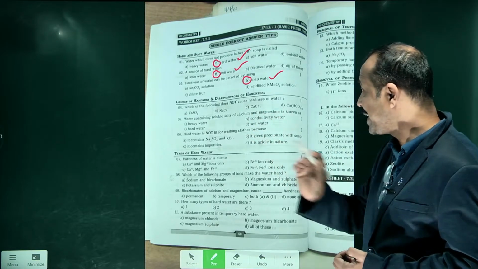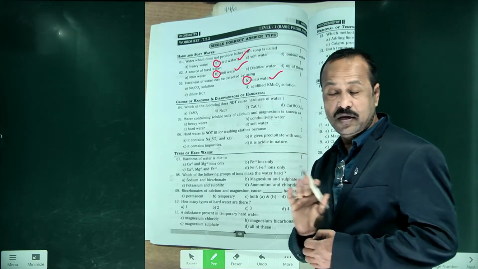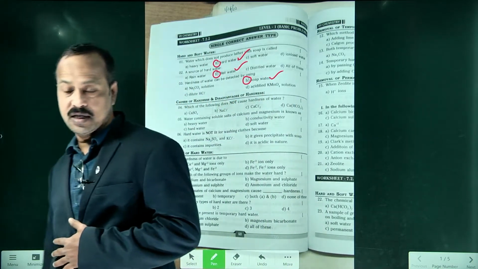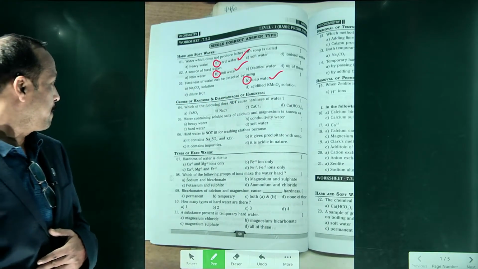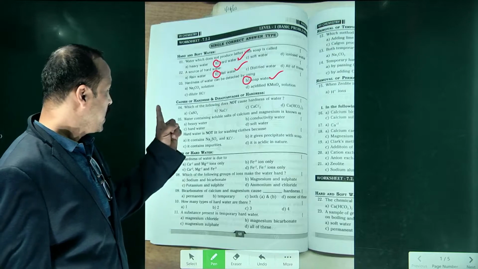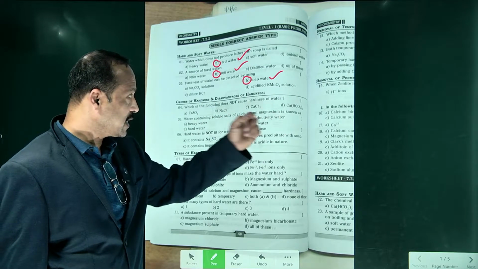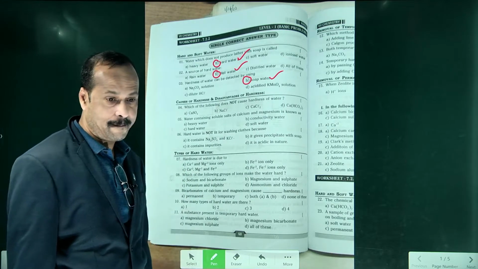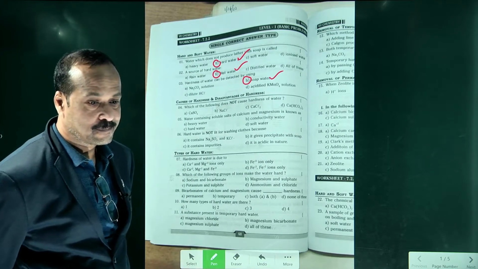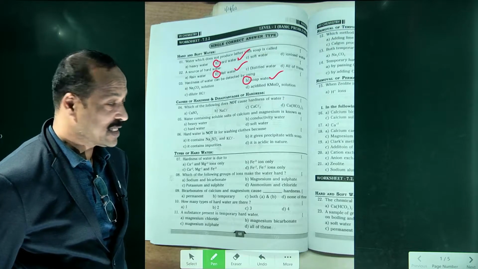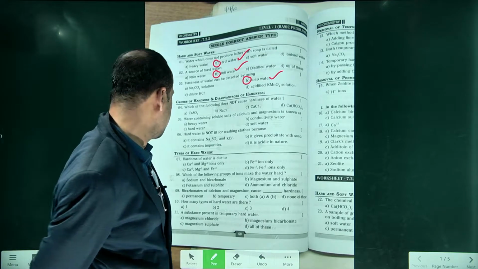Which of the following does not cause the hardness of water? Calcium sulfate, sodium chloride, calcium hydrogen carbonate. Once you take the slides, do you remember those slides?